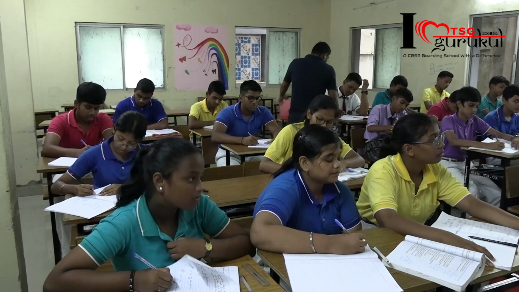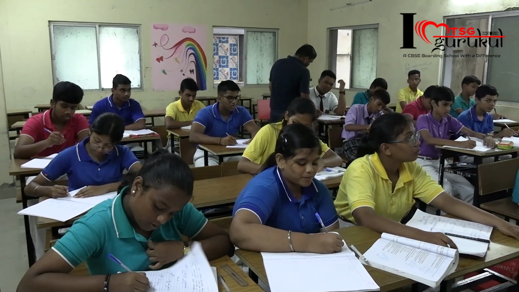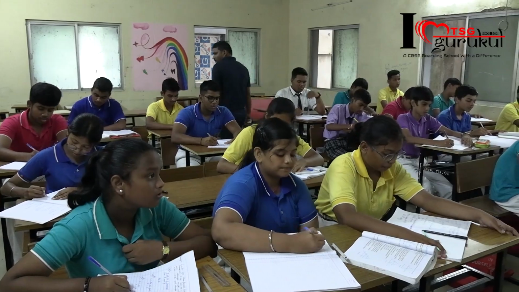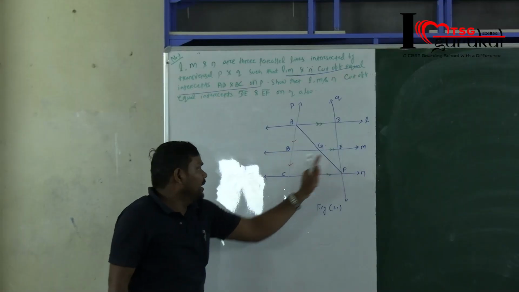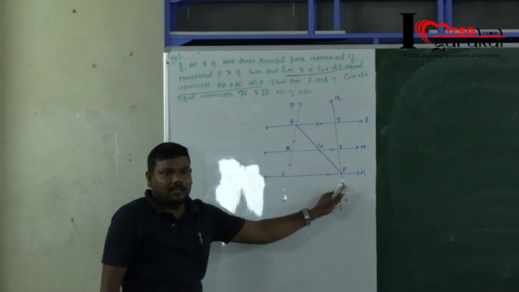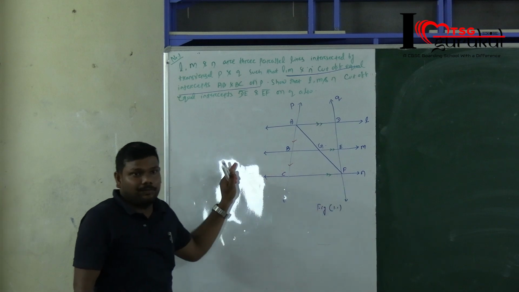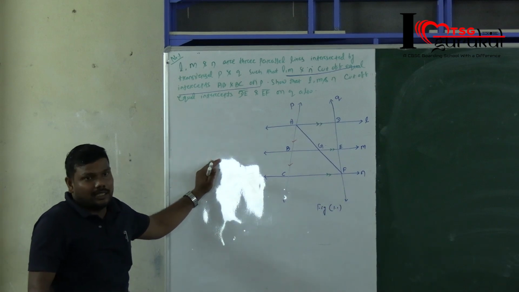Then M is parallel to N, that means BG or BE is parallel to CF. It is given. Is that clear?